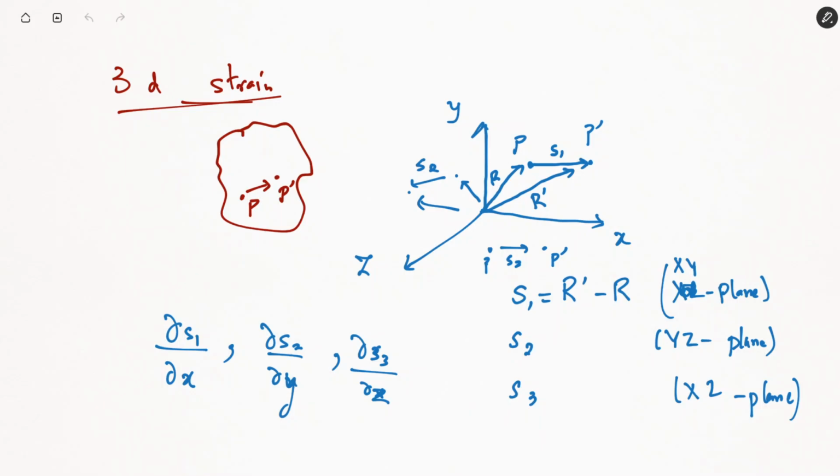So what happens in case of a strain rosette is we take three different sets of coils, and they are aligned in a particular fashion.